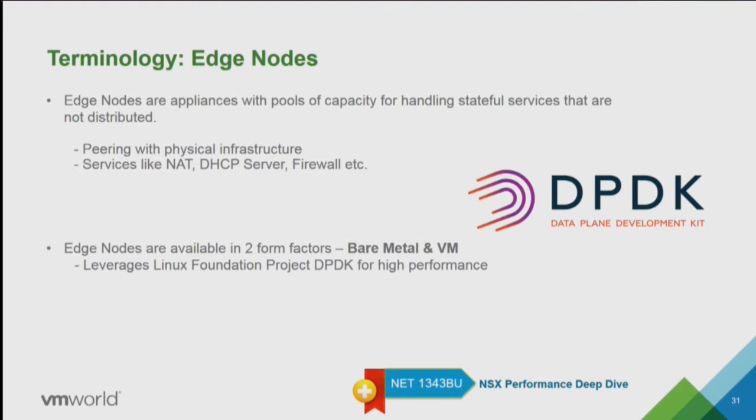These edge nodes are going to be DPDK enabled, so we are leveraging the Data Plane Development Kit to optimize the performance. So you're going to see crazy performance. At 100 byte packet size, you're going to see line rate with 1 CPU core. So it's going to be pretty awesome. For more details on the performance, I would refer you to the performance deep dive by Samuel. You can go and know more about the performance characteristics there.